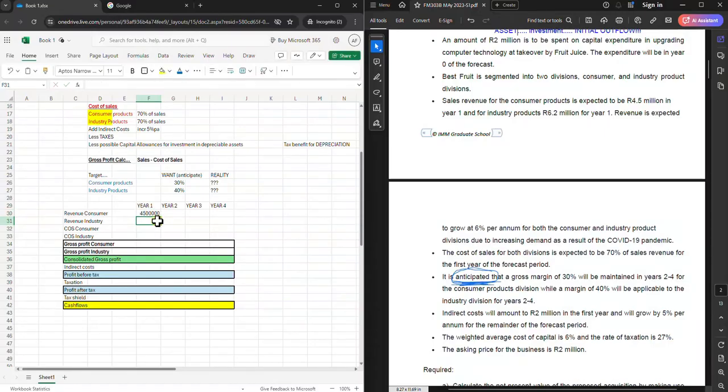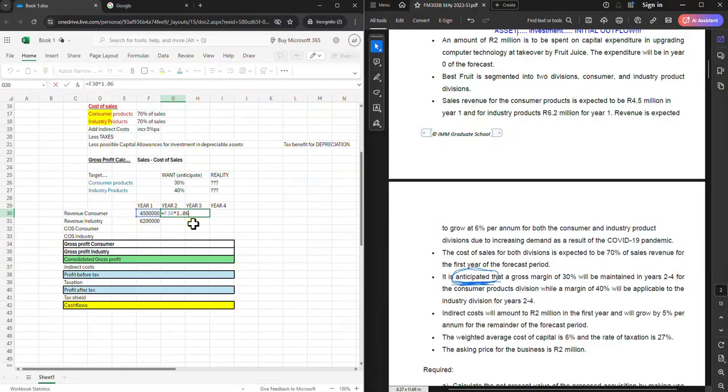For the industry? Yeah. 6.2, right? 6.2. Okay, every year, the revenue of the consumer is increasing by 6%. 6%.